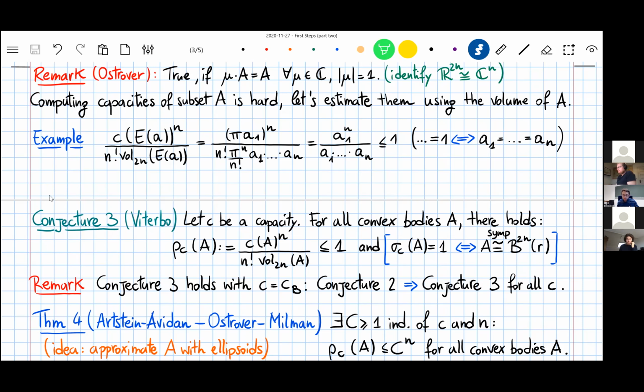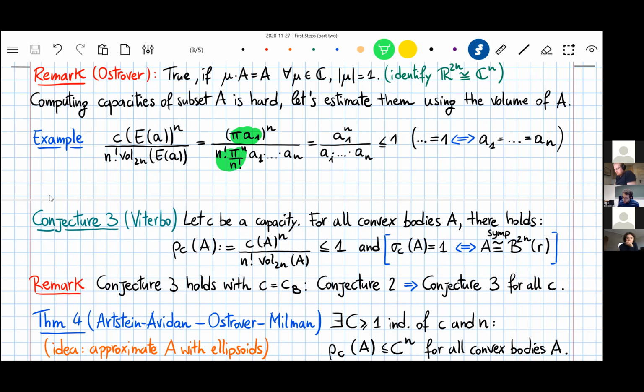So, for example, you can see what happens for ellipsoids. The capacity of an ellipsoid, we saw, is pi A1. And then you raise it to the n power to make it homogeneous with the volume. Now the volume of the ellipsoid, by using standard mathematics, is just the volume of the ball times A1 times ... times An. And so in the end, you see that this is less than or equal to 1, and is equal to 1 exactly when all the A1, ..., An are the same, meaning that you're looking now at the ball, a very special ellipsoid.